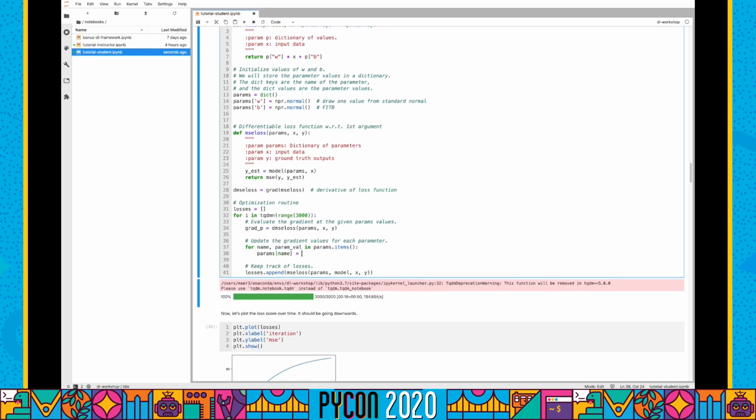So params of name is params of name minus grad p of name times 0.0001. Again, just another number I picked arbitrarily. Down here, we keep track of the losses. MSE loss of params, x, y will give us that, and we'll append that into the losses list. Okay, so let's run this guy.